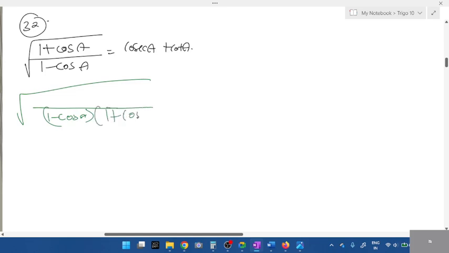What's the opposite sign? 1 plus cos A, right? And in the numerator, what do we get? Okay, you can immediately split into two parts.